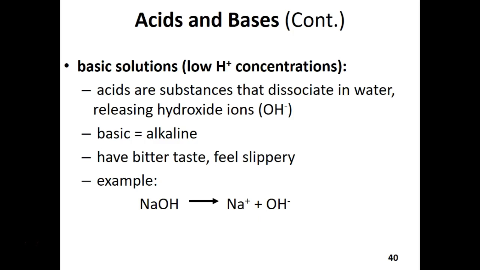Alkaline substances are typically bitter tasting. Some of our coffees can be kind of alkaline, but typically coffees are more acidic than alkaline. Sodium hydroxide is an example of a very alkaline substance. When it dissociates, it produces sodium ions and hydroxide ions. Hydroxide ions can take in a lot of hydrogen.